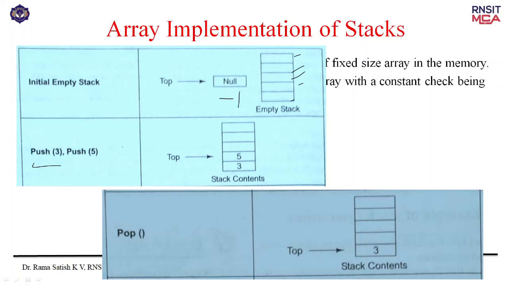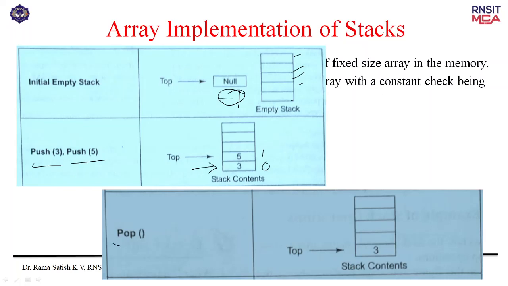Minus 1 plus increment automatically becomes 0. 0 is the index of the first element, so 3 is pushed. Next, you push 5. Top is 0, it becomes 1. 0 plus plus is 1, and in that location, array of 1, 5 is stored.